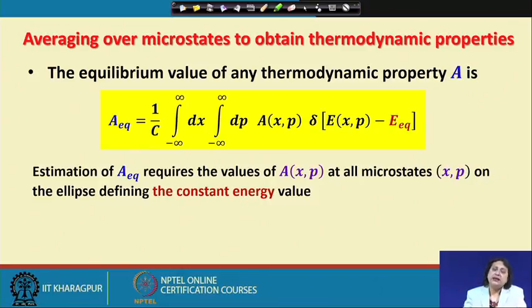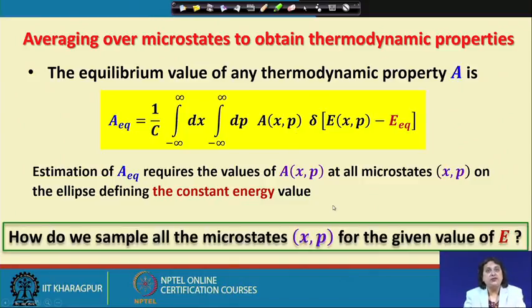Any estimation of the equilibrium value of A would require us to obtain the value of A at different microscopic states, which are characterized by a given value of x and a given value of p. Therefore, this estimation relies very much on whether we can estimate the value of A at these different microscopic states for the constant energy value.